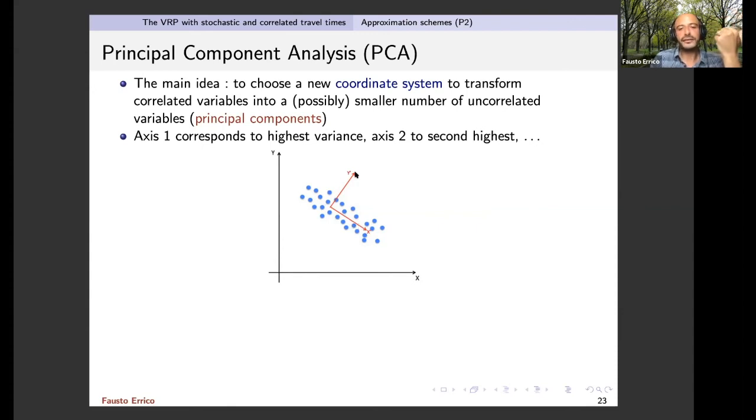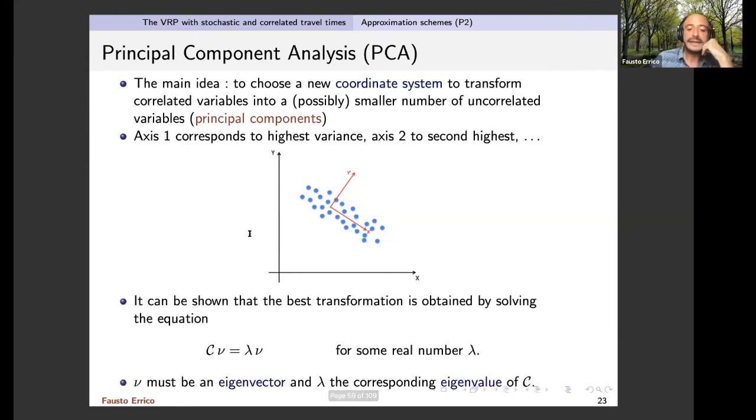And let's say that you truncate, that you ignore the second component. Well, just the first component has captured a good amount of the variance. This is the intuition behind it.